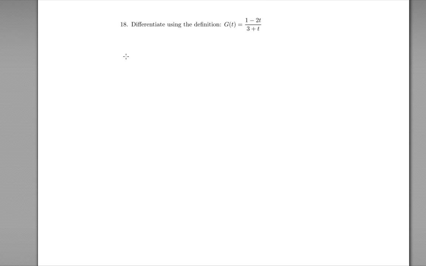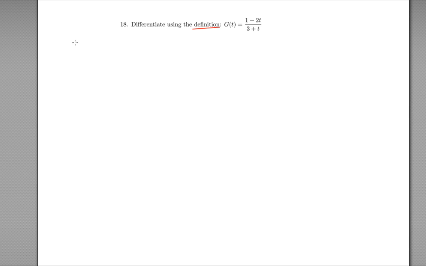So let's use the definition and calculate this function. Of course, you could use the quotient rule or my modified version if you like, but this is actually saying use the definition. So whenever they say use the definition, they mean the limit as h goes to 0, that kind of thing.